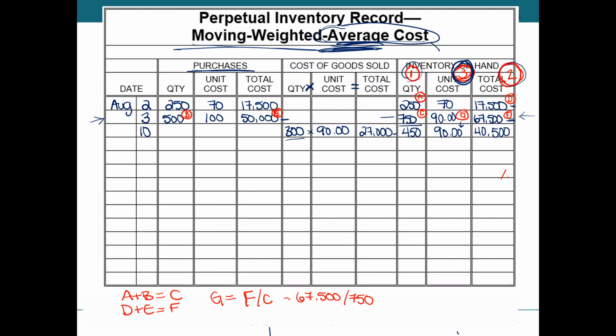Which does equal, if you take 450 times 90, you get that same amount. But sometimes there's a little bit of a rounding error. So you just want to do the subtraction. So 750 minus 300 gets us 450. 67,500 minus 27,000 is 40,500. And then just carry down the unit cost.